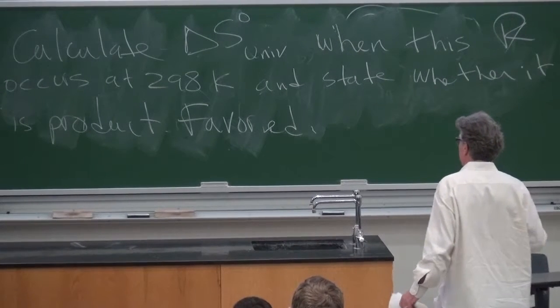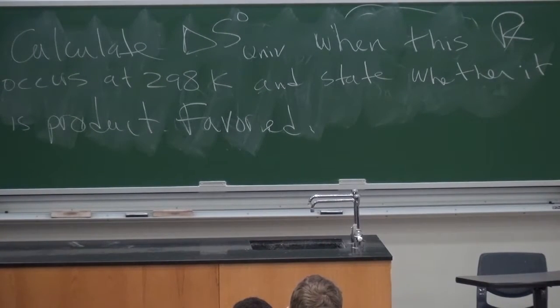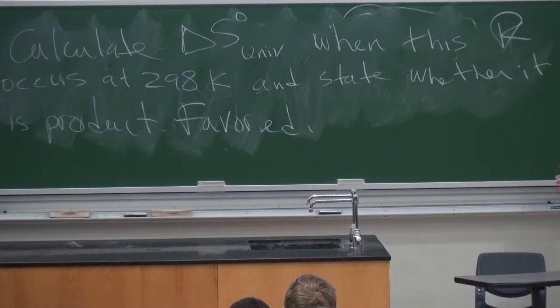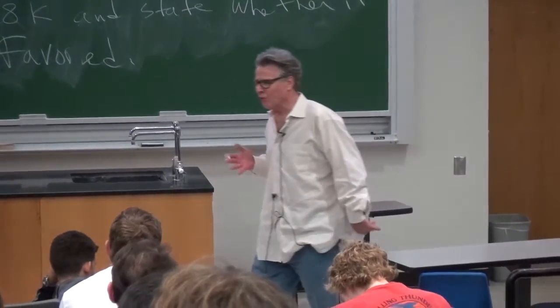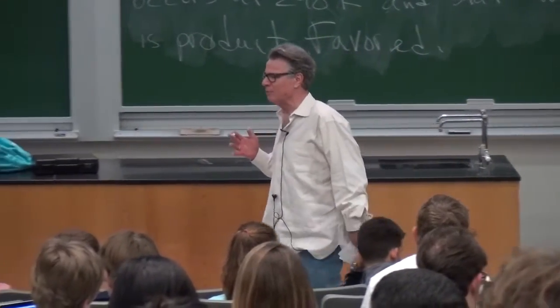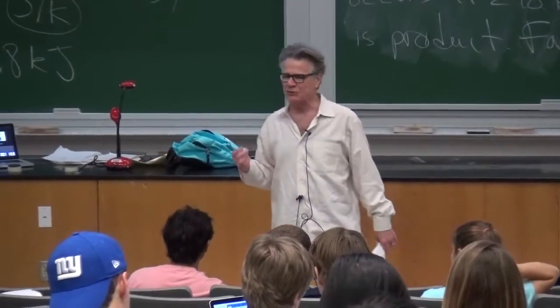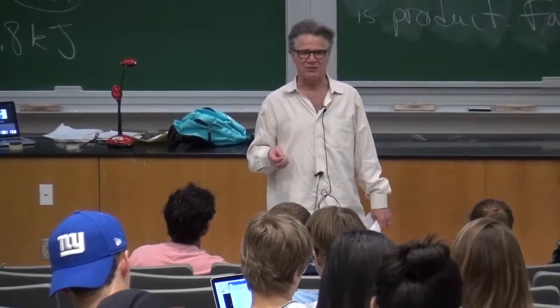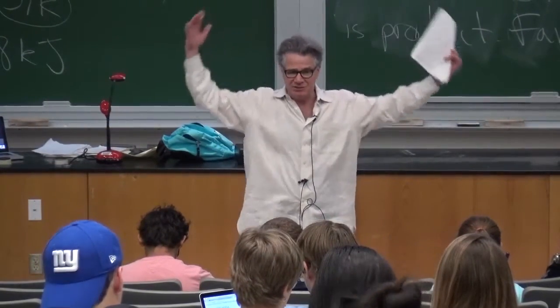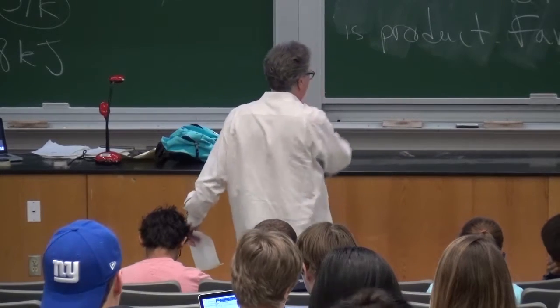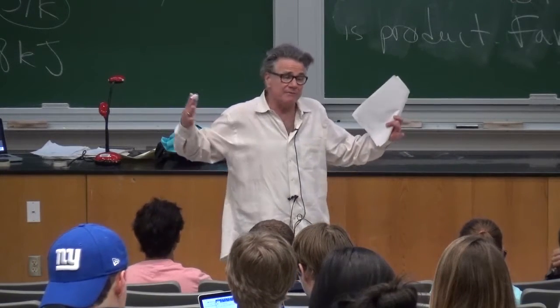So it says, calculate delta S of the universe. Well, that's a big clue for us, because in order for a reaction to be spontaneous or product favored, delta S of the universe must increase. Delta S of the universe must be positive. Entropy of the universe must increase. So it says state whether it's product favored.